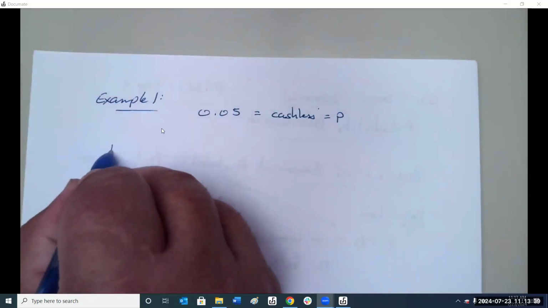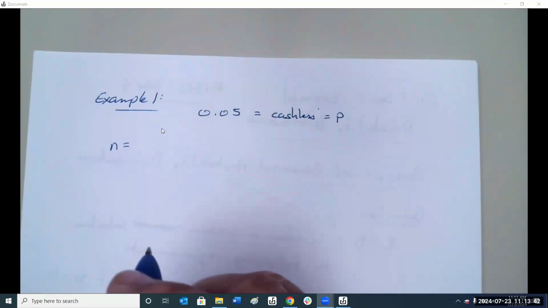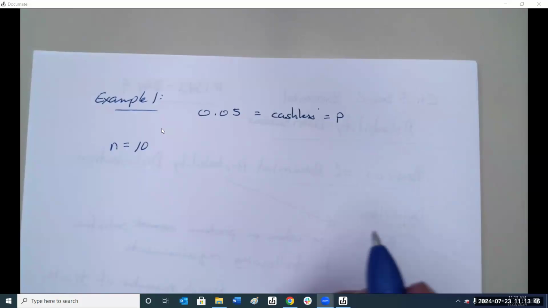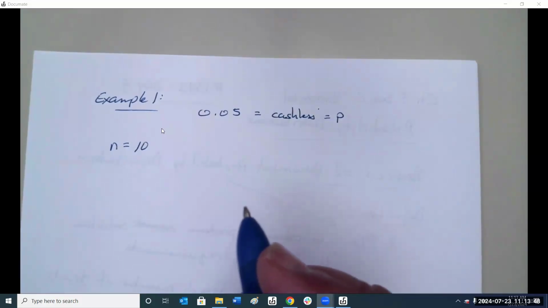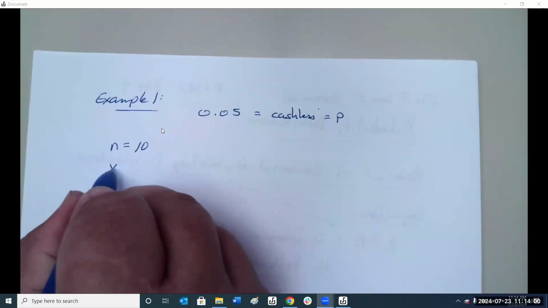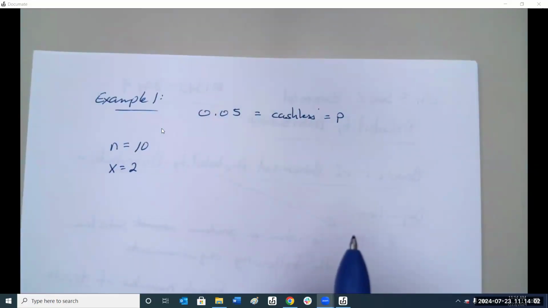So how many n's are we going to have? What's n going to be? 10. We're going to try 10 people. We want to find the probability that among 10 randomly selected adults, exactly 2 of them are cashless. So n is 10, x is going to be 2.